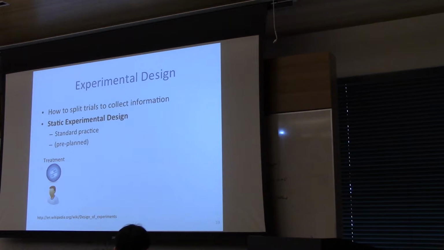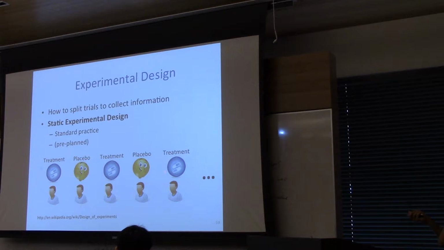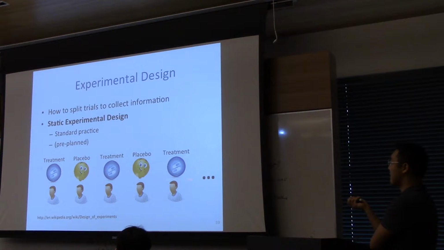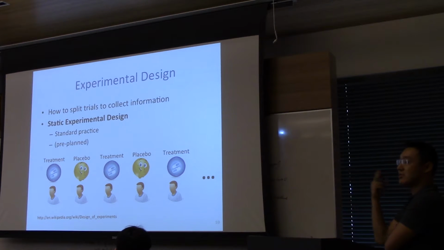Whenever a patient or a user comes to our system, we randomly flip an unbiased coin of treatment or control, right? And the control is a placebo. And then we measure the outcomes, and that's how we get an estimate of the effectiveness of the treatment, right? We get an estimate of the hidden reward of the treatment action. So this is just two-class multi-armed bandits.